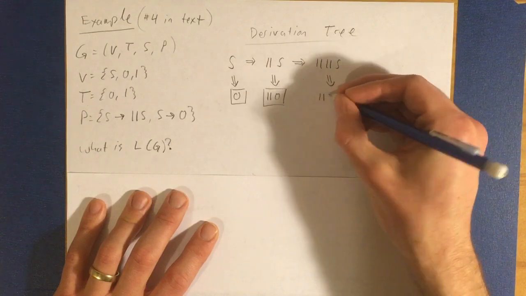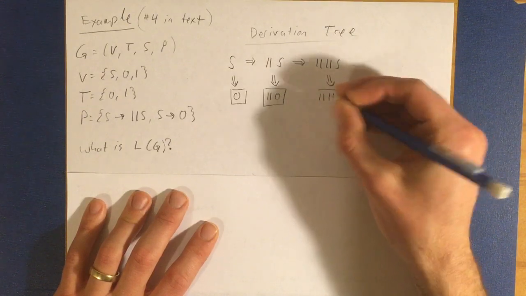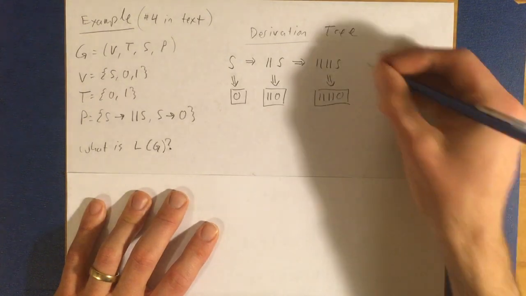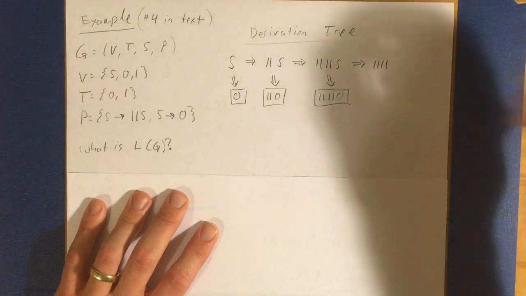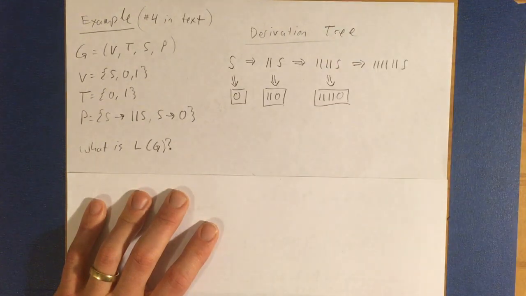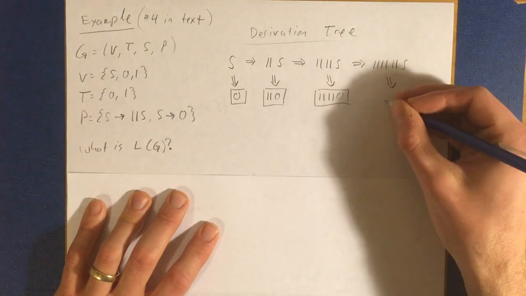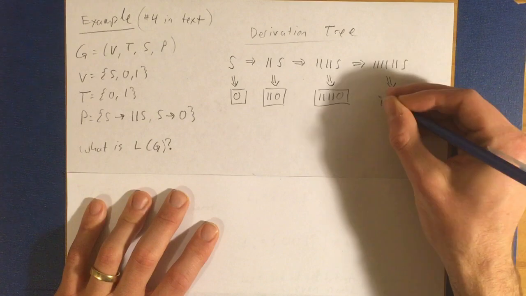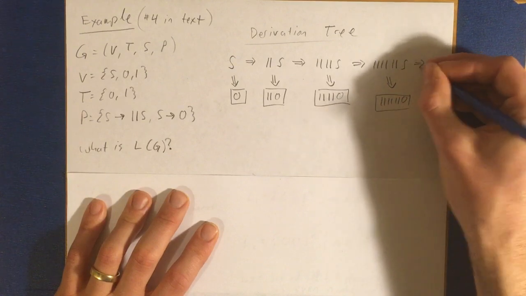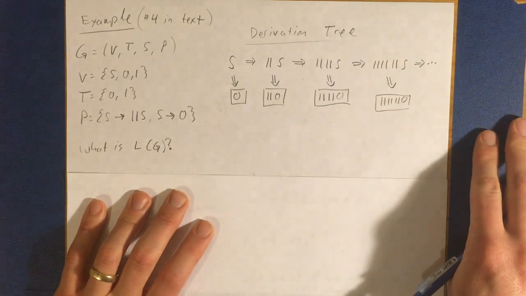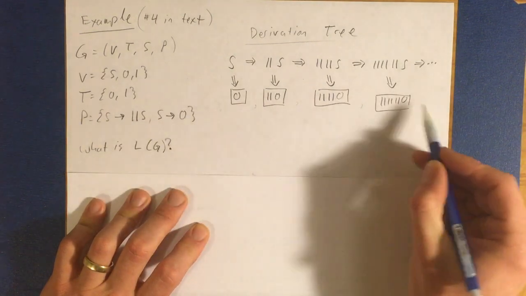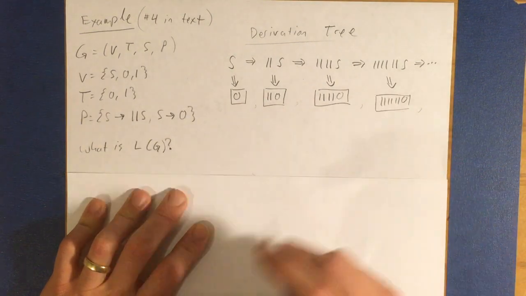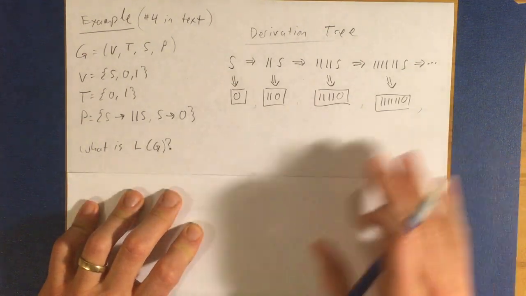I could drop out of the process by putting that 0 at the end, or I could continue the process. 1-1-1-1 followed by 1-1-S, and so on. Drop out, 1-1-1-1-1-1-0, or continue. And I could go on like this forever, so I put a dot dot dot. This produces a sequence of strings, and these are the elements of the language.